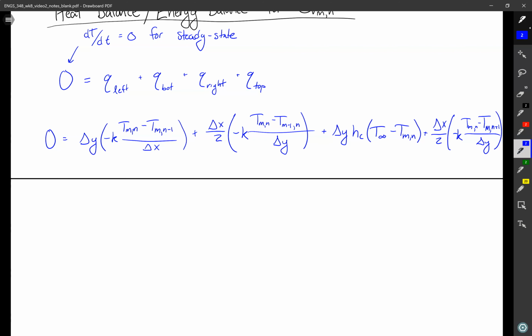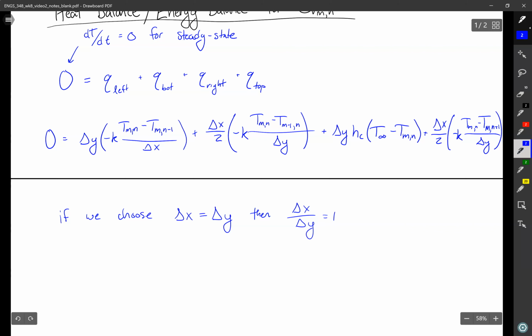We can do a couple of simplifications because if we choose a delta X which equals delta Y, then obviously delta X divided by delta Y equals 1, or vice versa. So anywhere we see a delta X over delta Y or delta Y over delta X, that's 1 because of how we chose the dimensions.